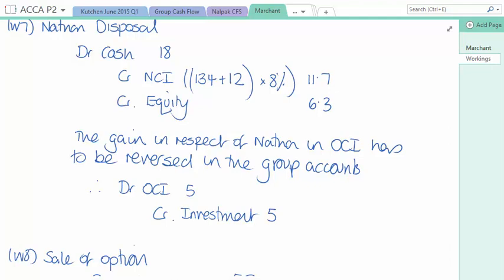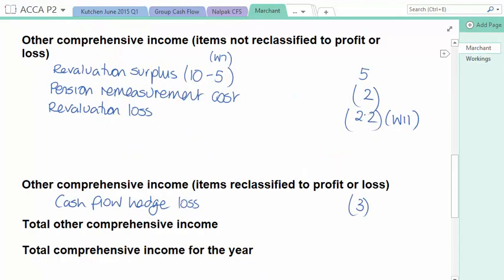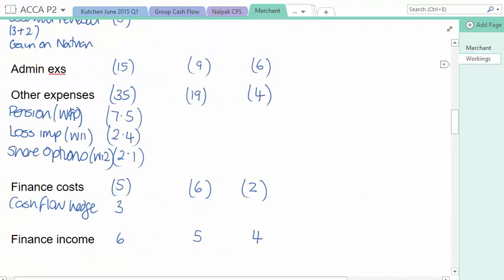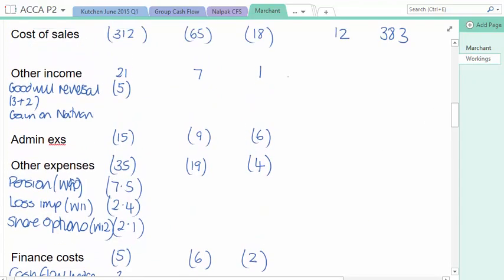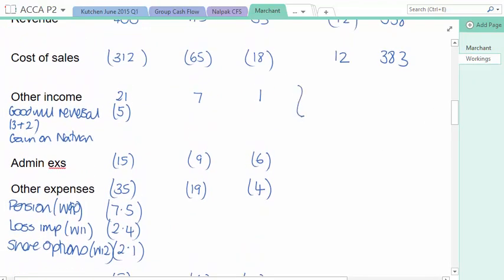So what we will do here is that strictly what we should have done is calculated the gain on the sale to the parent. Again, nobody would have done that in the exam, so I'm going to ignore that. So I'm going to combine all of these figures. 21 plus 7 plus 1 minus 5.